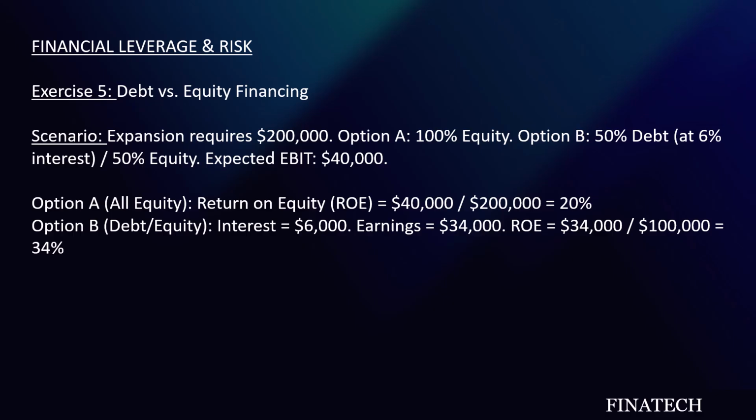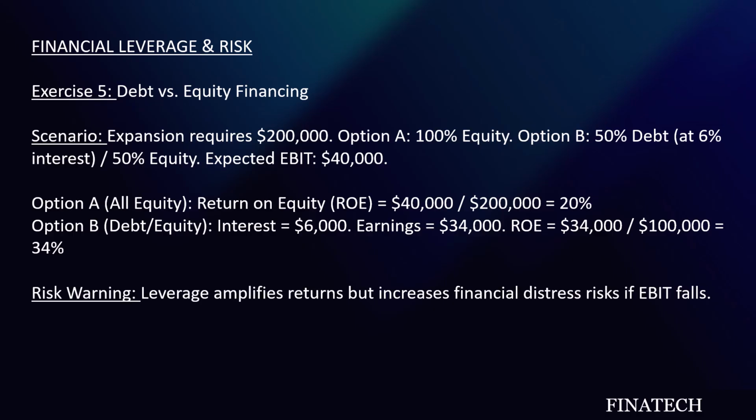The ROE is $34,000 by $100,000. That means you have 34%. The risk warning: leverage amplifies return but increases financial distress risk if EBIT falls.